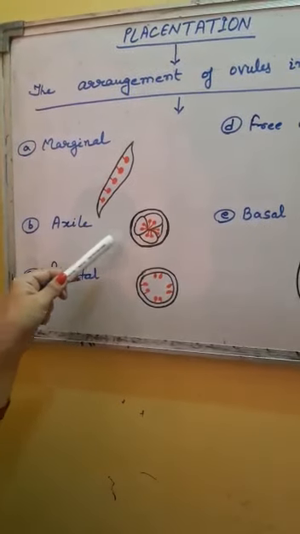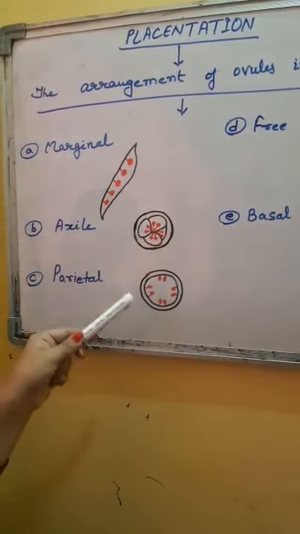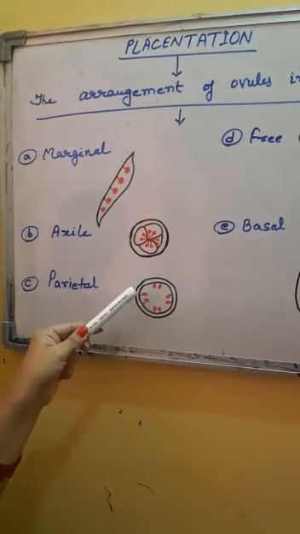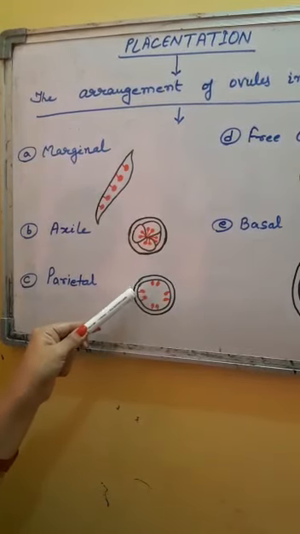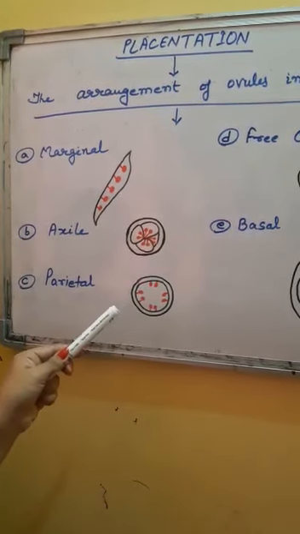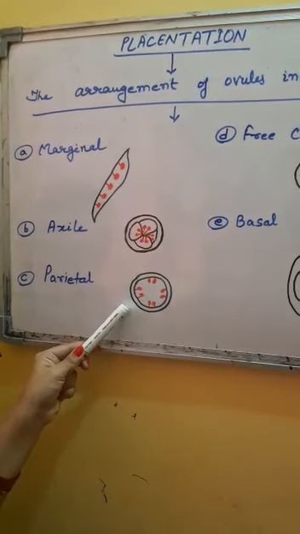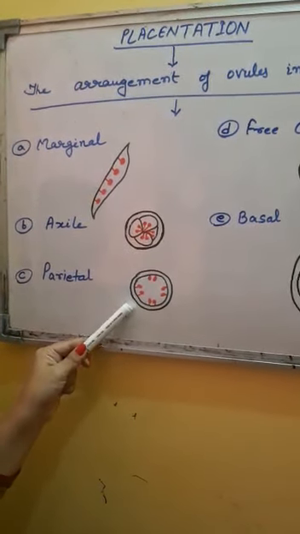In axile, the ovules are born in the center, whereas in parietal, ovules are born on the periphery of the ovary. Such type of placentation is called parietal placentation, and examples are mustard and cucumber.